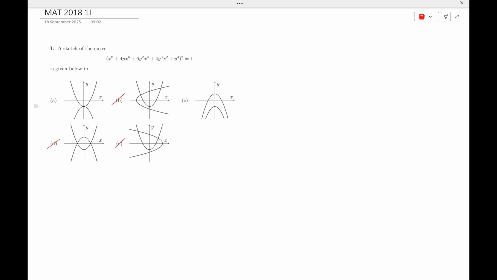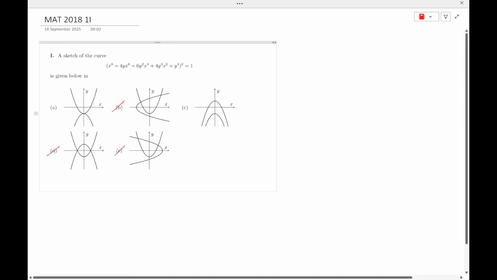If you then look at the left-hand side, you see the coefficients 1, 4, 6, 4, 1. Pascal's triangle. And even if you didn't have 1, 4, 6, 4, 1, it just looks like something that could be the expansion of a binomial.